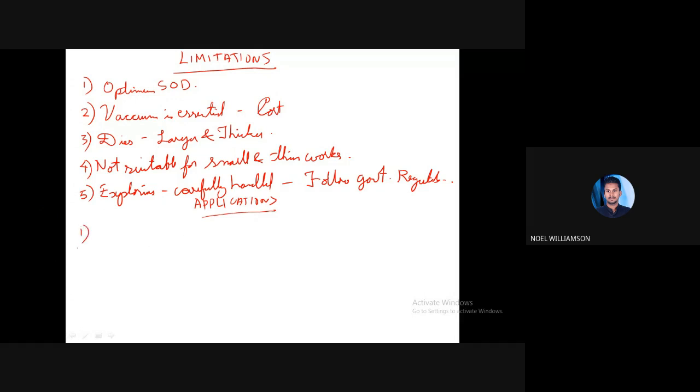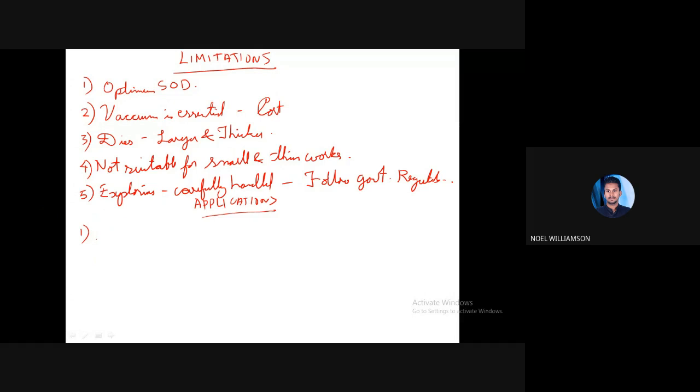First one is sheet metal panels and tubings. In many sheet metal panels and tubings, we use explosive forming in order to form complex parts.